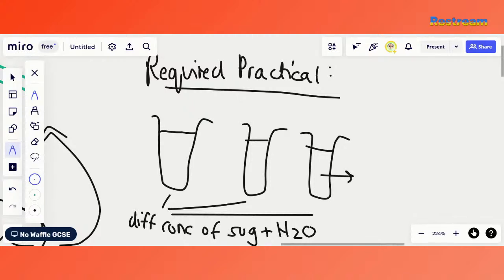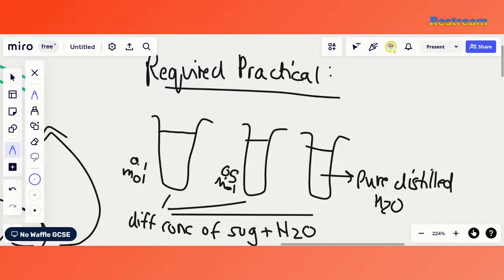So one is going to be pure distilled water, which means no sugar in it. And then the other 2 can be, for example, 0.5 molar solution and 0.1 molar solution. So the pure distilled water obviously has the least sugar, then it's a 0.1 molar and then a 0.5 molar. So they all have different concentrations of sugar and water.